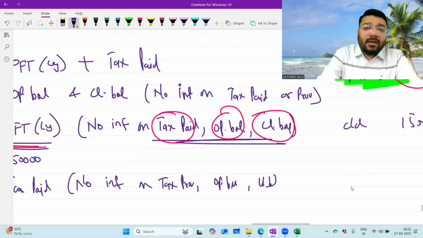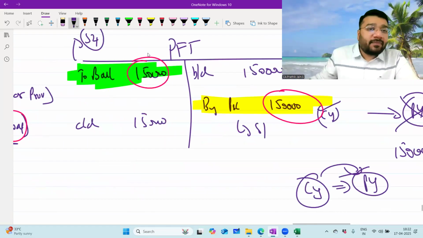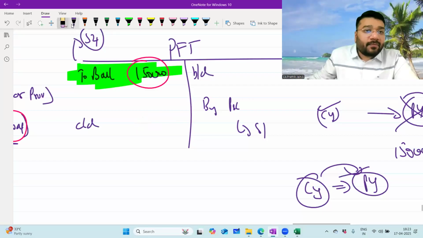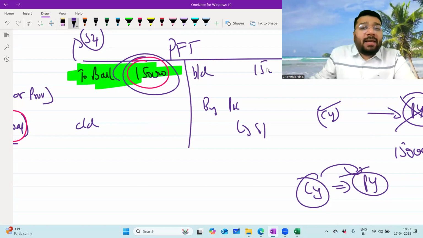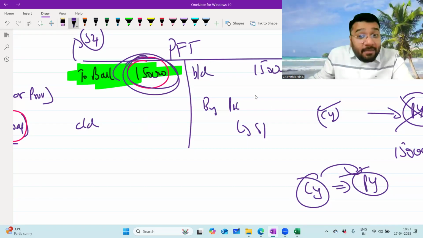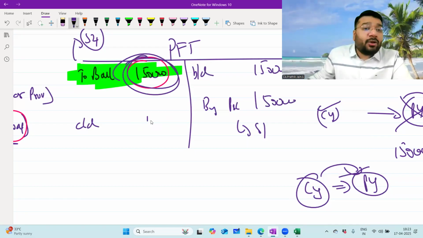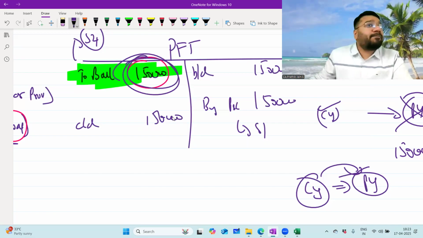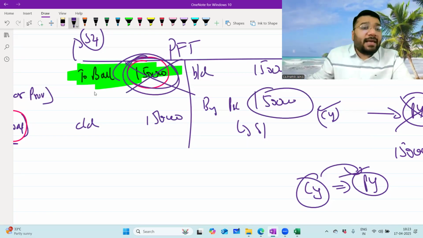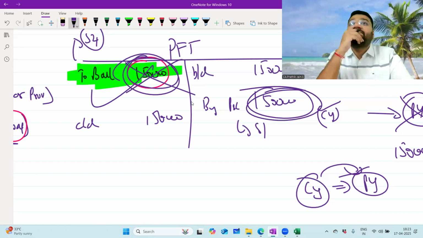Same thing. Now they have given you this 150. This 150 is given, and the rest is missing. This 150 is nothing but opening balance. And current year provision is not given, which means we are assume that whatever provision was created last year, the same provision is created in the current year. And closing balance is 150. In the previous case, this I gave, this I did not give. In the current case, I gave this, I am not giving this.